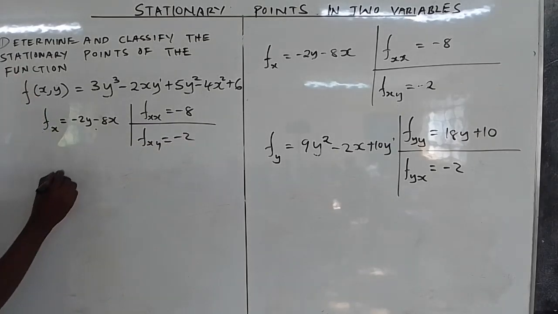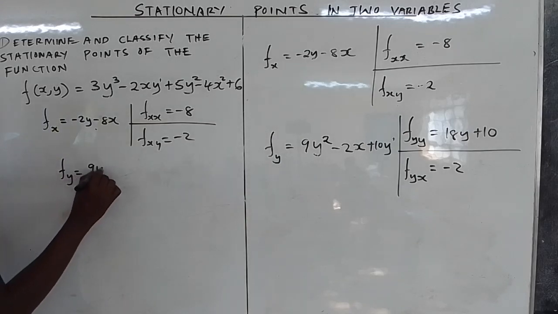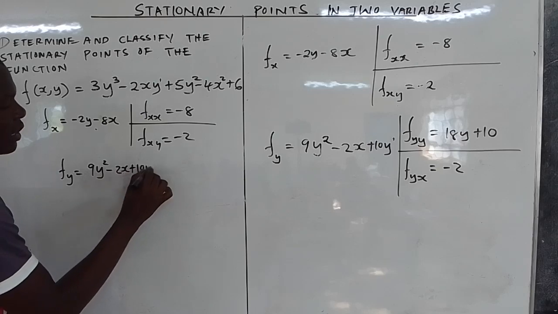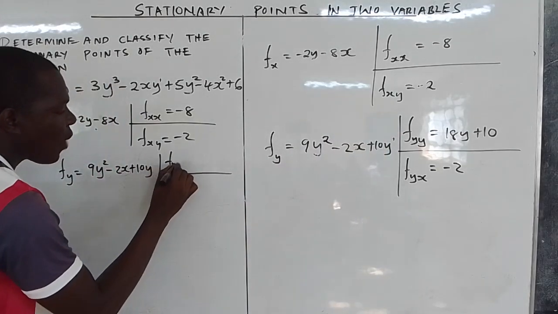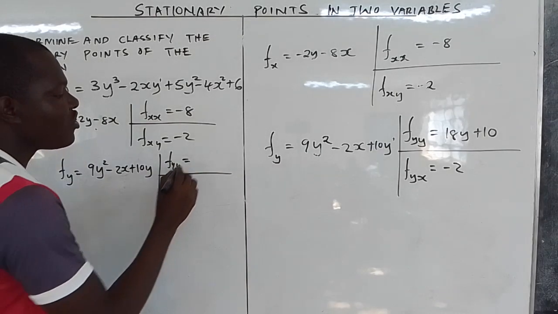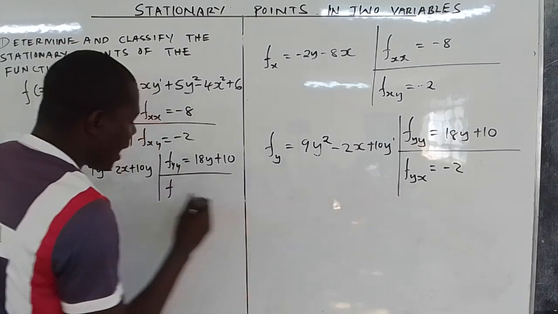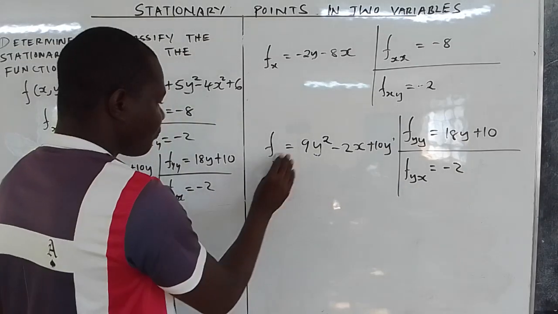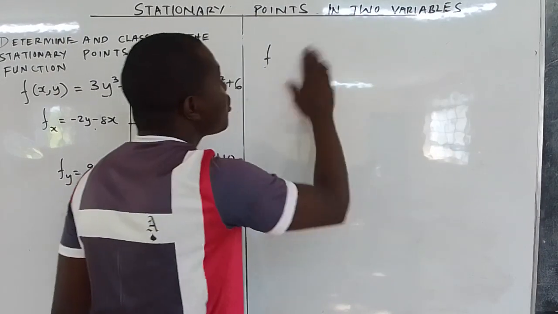Then again, when you differentiated for the first time with respect to y, you got 9y squared minus 2x plus 10y, isn't it? If you did it for the second time, what did you get? 18y plus 10, isn't it? Then f of yx, what have you found? Negative 2. So, having found those, we now want the stationary points.